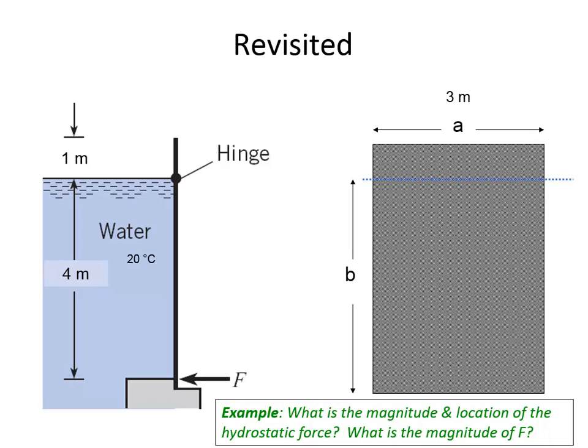In words, we call that the vertical distance from water surface to centroid. Y bar we call the inclined distance from centroid to water surface.